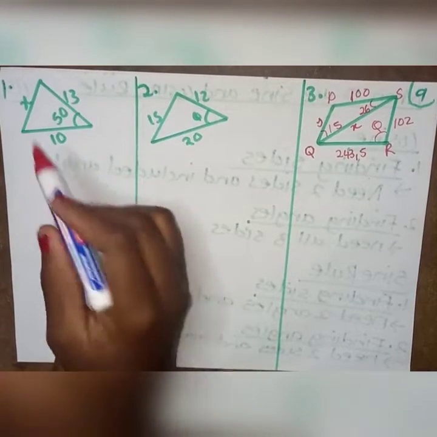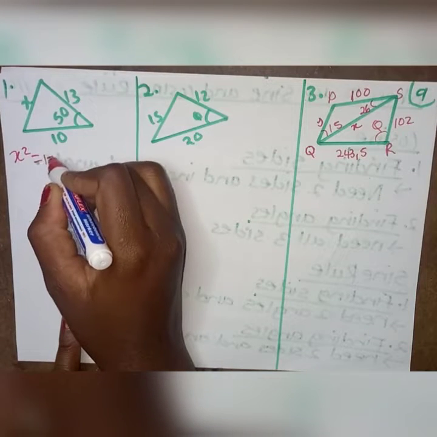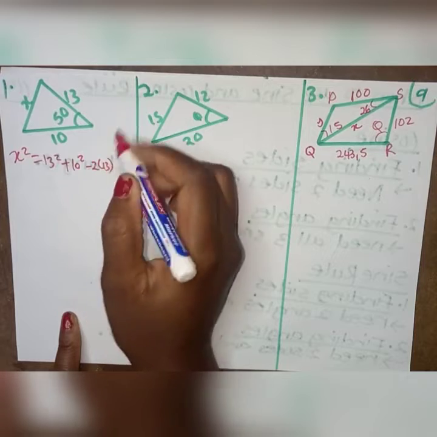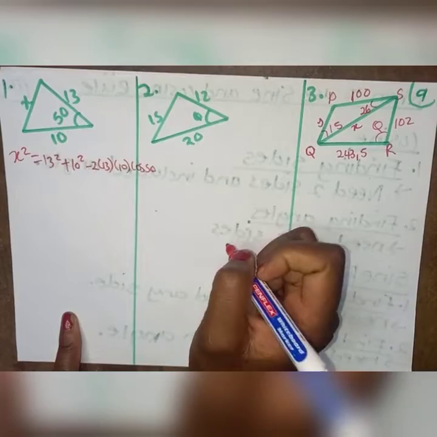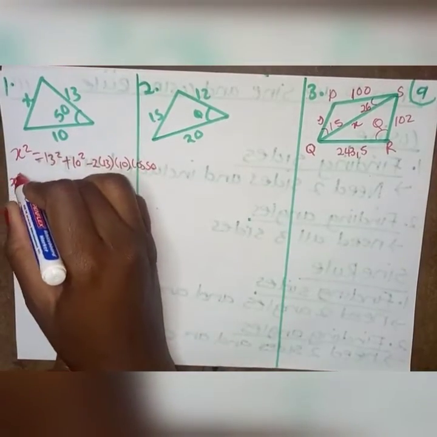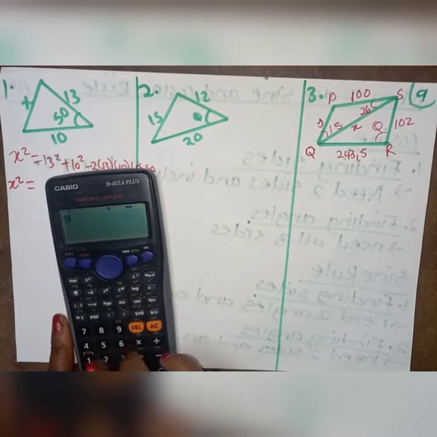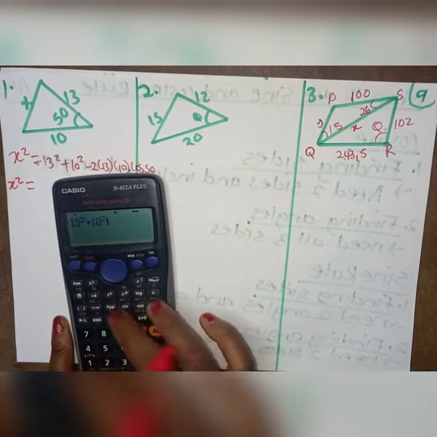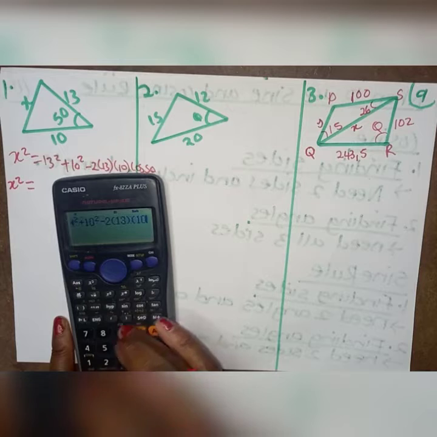So for 1, we want the missing side, so we'll simply say x squared is equal to 13 squared plus 10 squared minus 2 times 13 times 10 cos 50. Let's punch it: 13 squared plus 10 squared minus 2 times 13 times 10 cos 50.